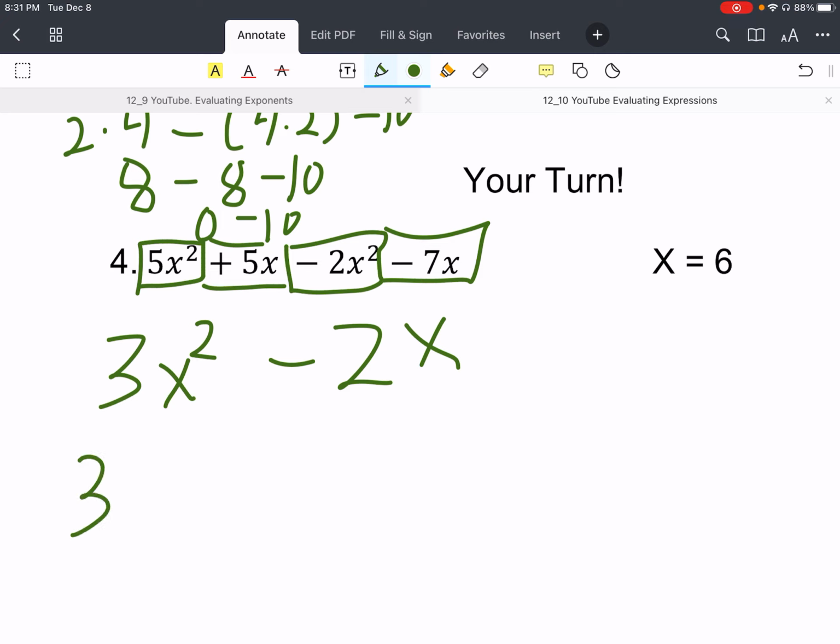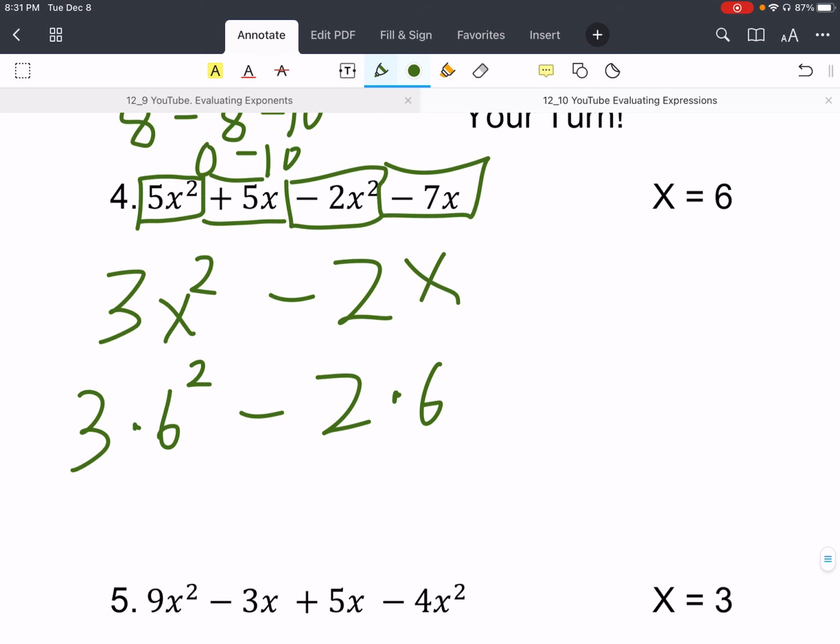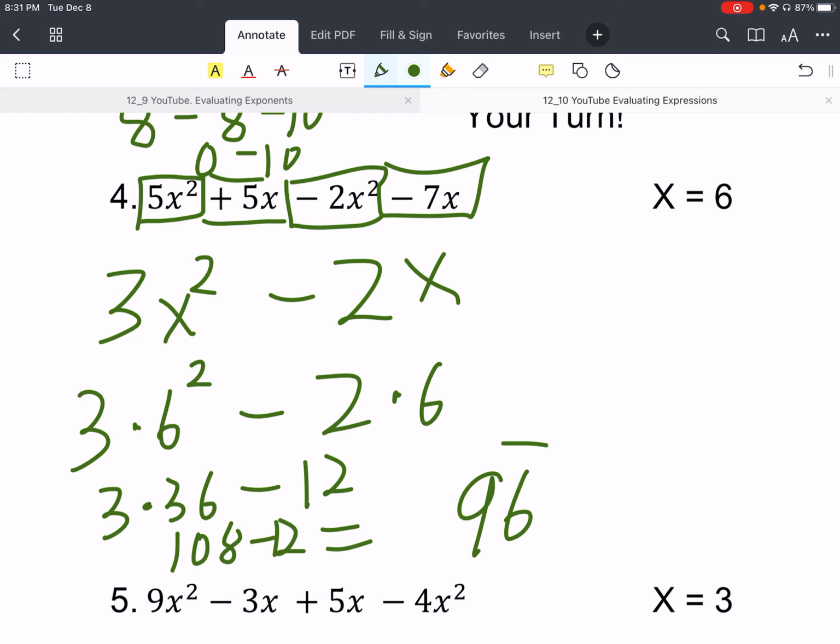So we have 3 times 6 squared minus 2 times 6. 6 squared is 36, so 3 times 36 minus 12, 2 times 6. 3 times 36 is 108 minus 12. That's going to get us 96.